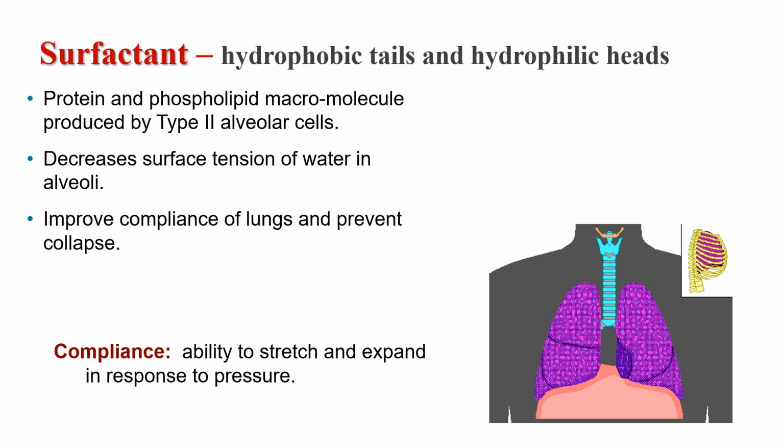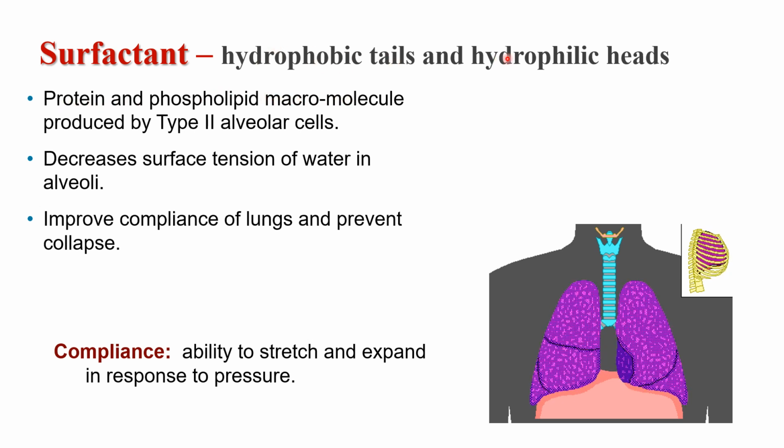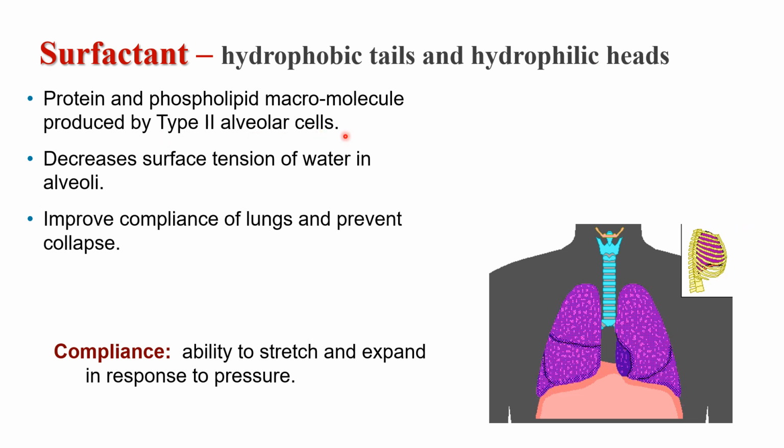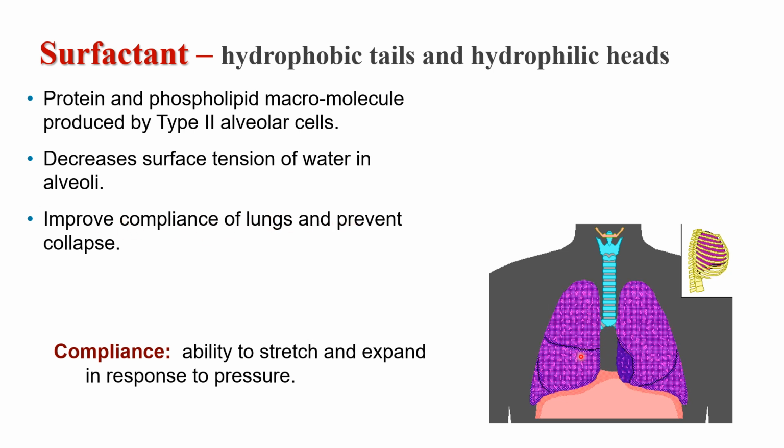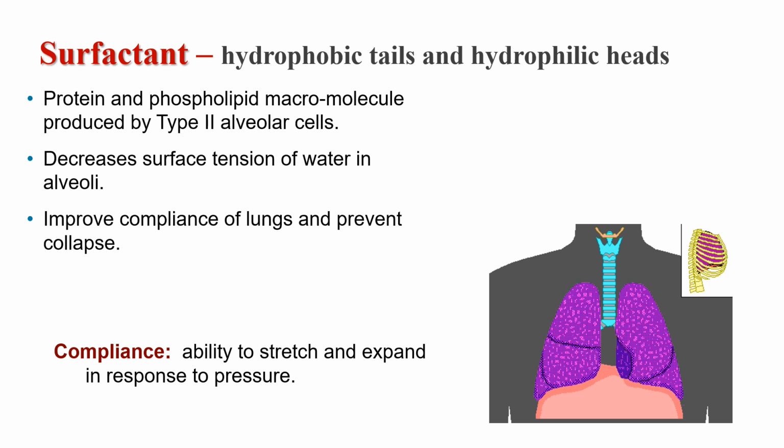The combination of these small proteins and phospholipids, these hydrophobic tails, hydrophilic heads, produced by those secretory alveolar cells, gives us this reduction in water cohesion. That's also known as surface tension. It also improves what is known as compliance, that is, preventing these membranes from drying out, which makes them less stretchy. And that's what compliance is.